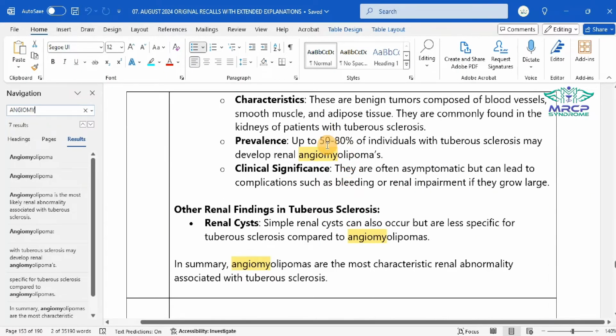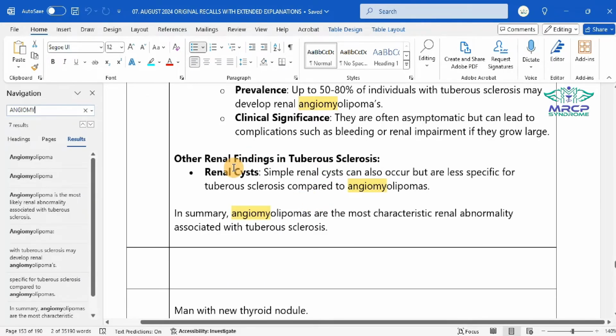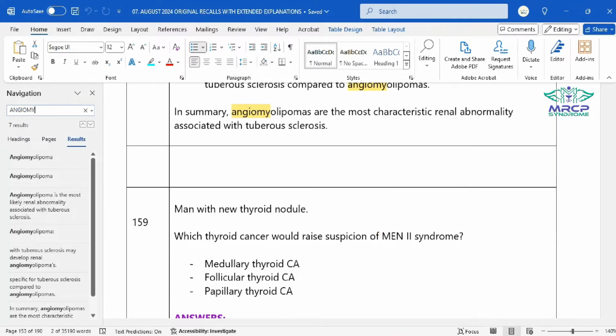Up to 50 to 80% of individuals can ultimately develop renal angiomyolipoma, and in most cases they are asymptomatic, but it can also lead to complications, with features of either bleeding or renal impairment. Simple renal cysts can also occur, but these are less specific for tuberous sclerosis compared to angiomyolipomas.